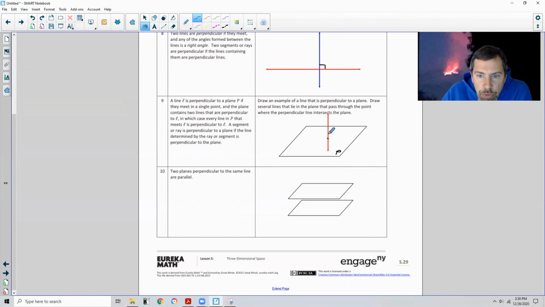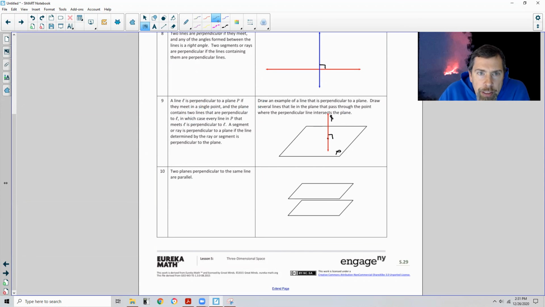And we have to show that it is 90 degrees to the surface like so. All right, so a line L is perpendicular to plane P. So this is line L. If they meet in a single point and the plane contains two lines that are perpendicular to L.